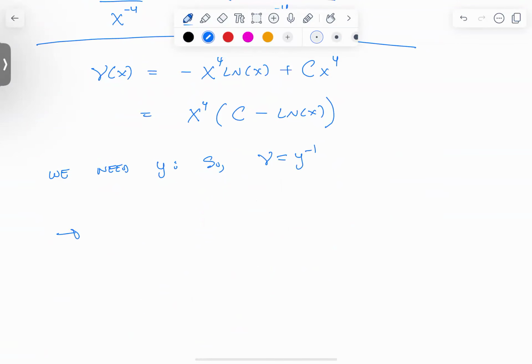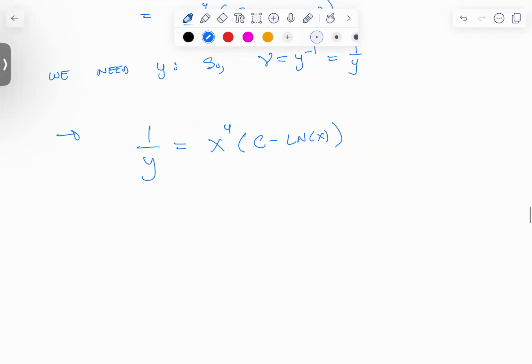Which means that now we have y to the -1. 1/y equals x to the 4th c minus ln of x. To then solve this, y of x inverse.